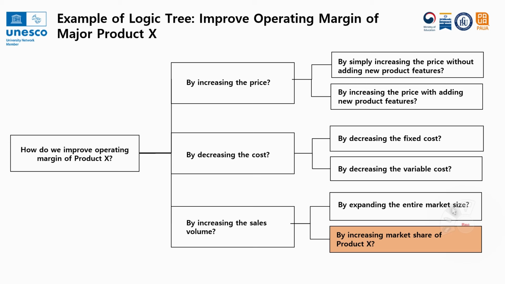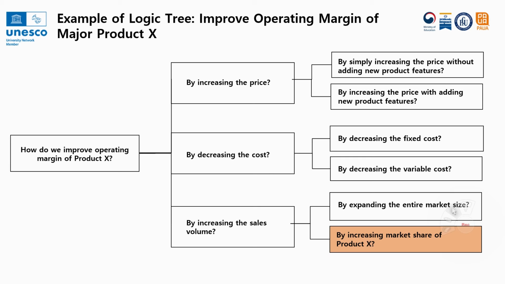I showed this one in order for you to understand how to actually disaggregate the problems, and how we can leverage and utilize the concept of the MECE and the logic trees. So in this example, we used logic tree and the concept of the MECE to disaggregate the complicated problem into small issues.